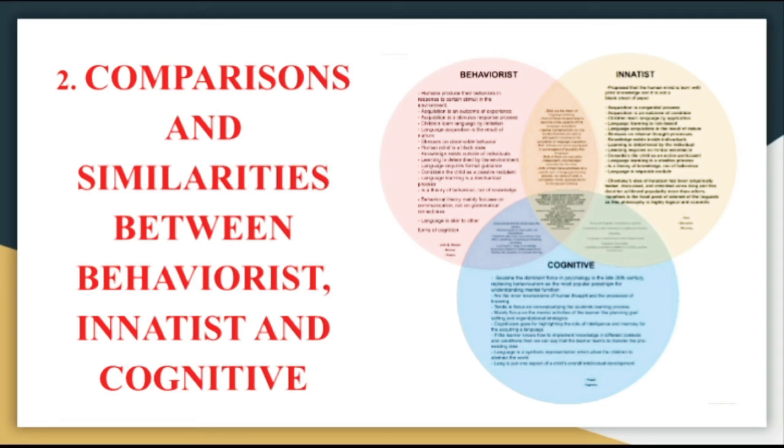And cognitive became the dominant force in psychology in the late 20th century, replacing behaviorism as the most popular paradigm for understanding mental function. On this subject, I can say that the things these three concepts have in common are: first, language is a specific and biologically determined scheme for human beings.